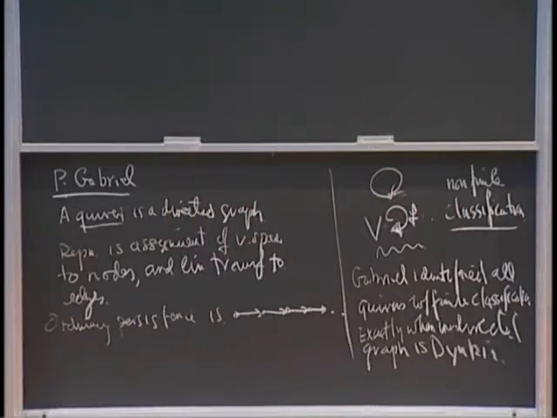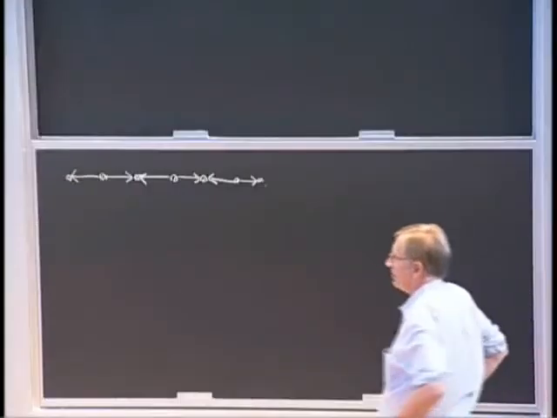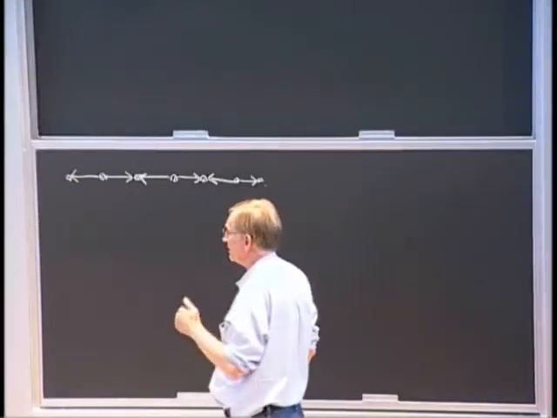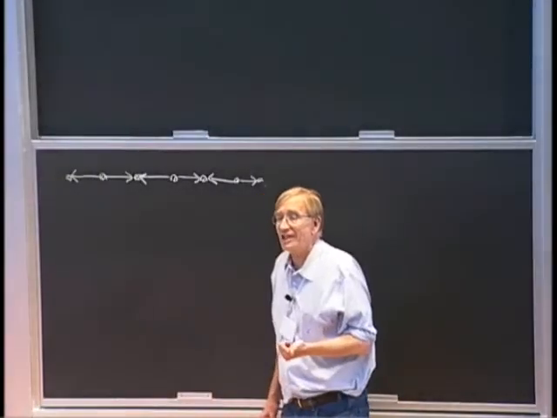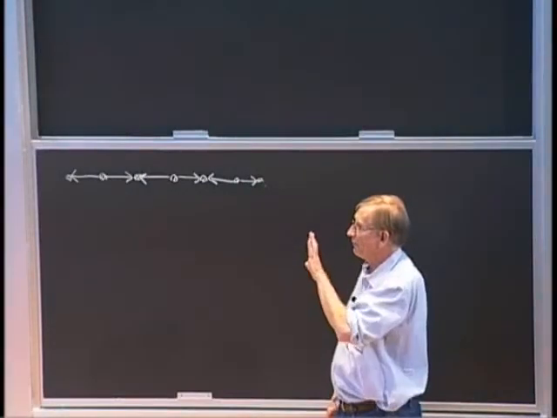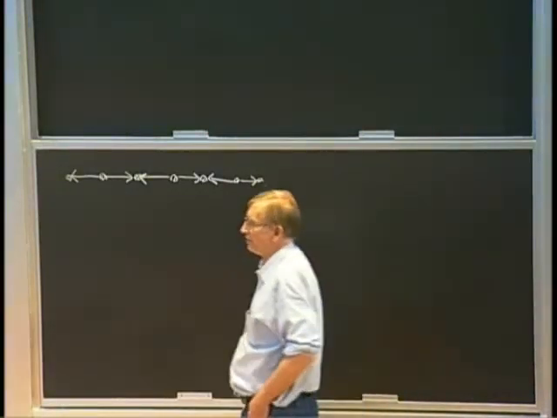Okay, so in particular, if we have this one, the underlying directed graph here is exactly the same as the underlying directed graph for the ordinary persistence, and it's got a discrete classification. In fact, the classification is identical to the one for the ordinary persistence.